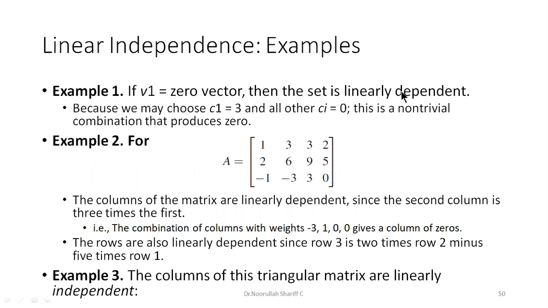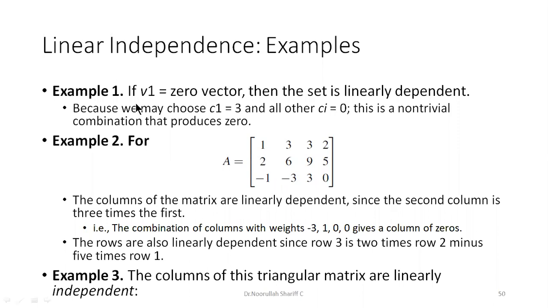The reason is that if the vector is 0, say vk is 0, and the corresponding constant ck is considered a non-zero quantity, then ck vk will still be 0.